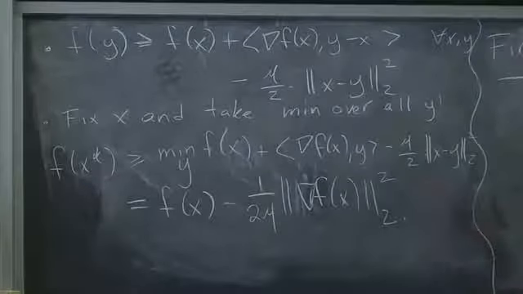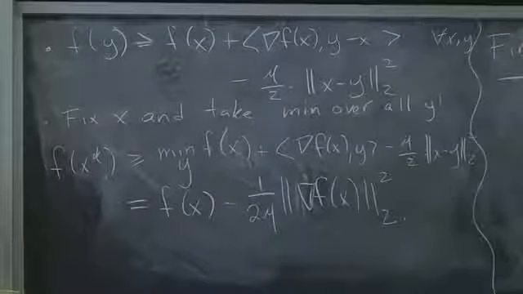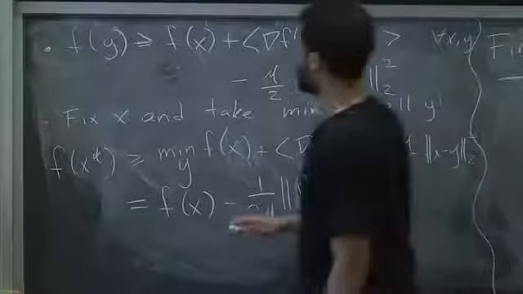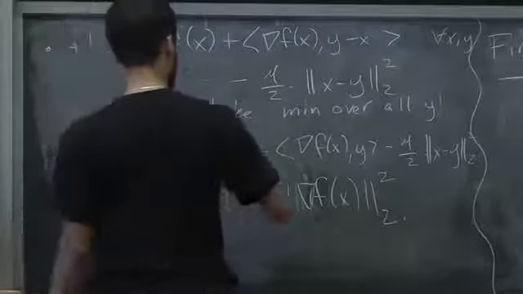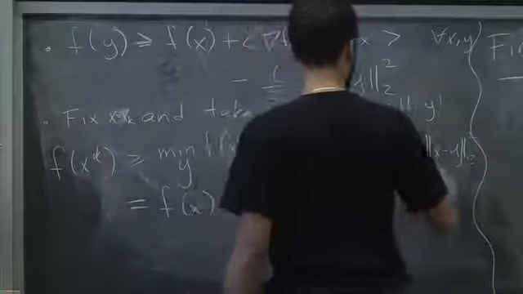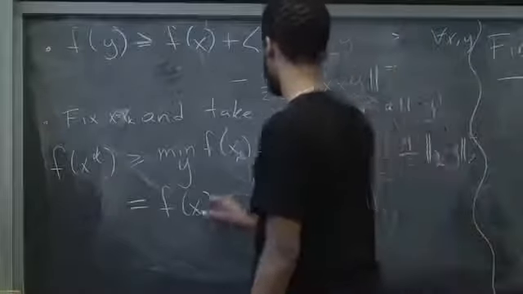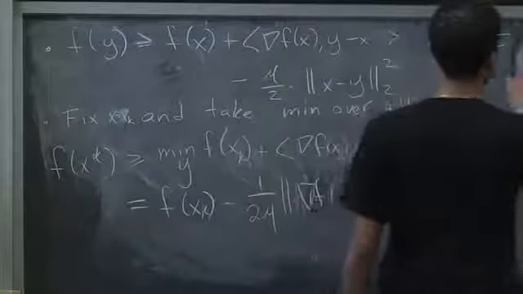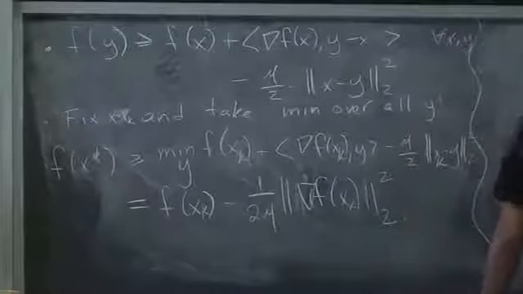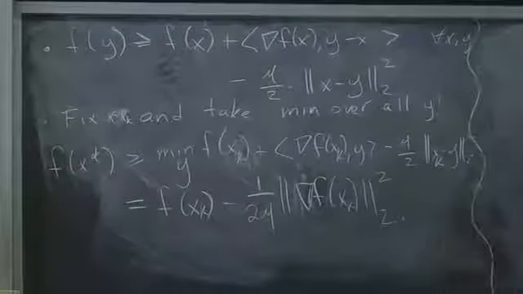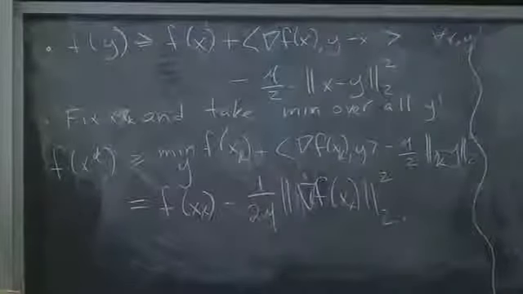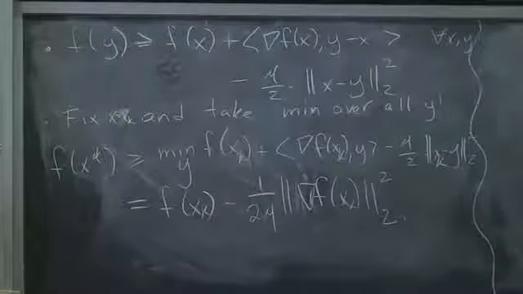So this is just calculus to figure out which y minimizes this right-hand side. And actually, I want to fix x to be, let's say, xk, our kth iterate.